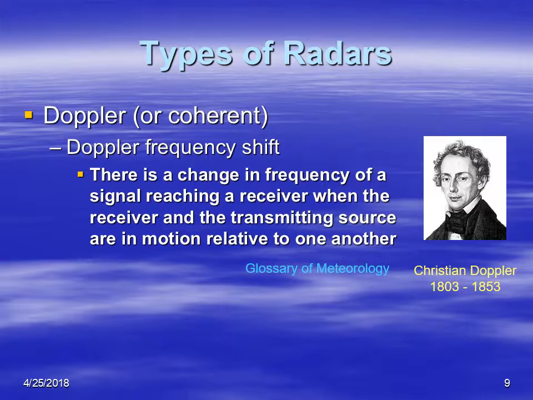And the reason for that is because there is a speed difference between the transmitter and the target. In other words, either the transmitter is moving or the target is moving. Since most weather radars are fixed on the ground, then it's typically the target that is moving.